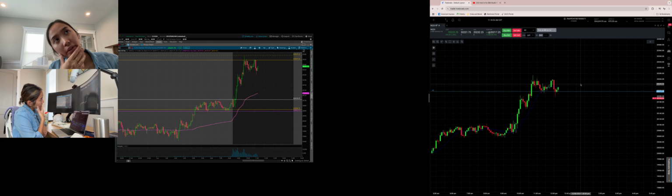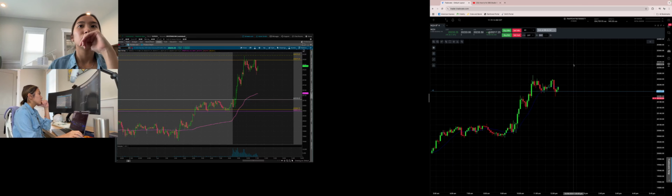All right, we have a new candle in 1 minute. Feel good about this trade so far? Gonna move my stop to break even just because I don't want to lose any more on this.